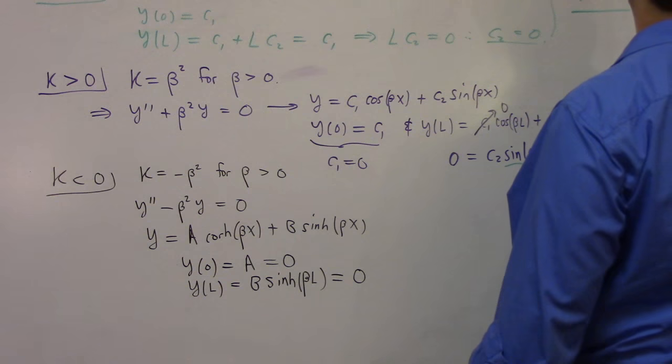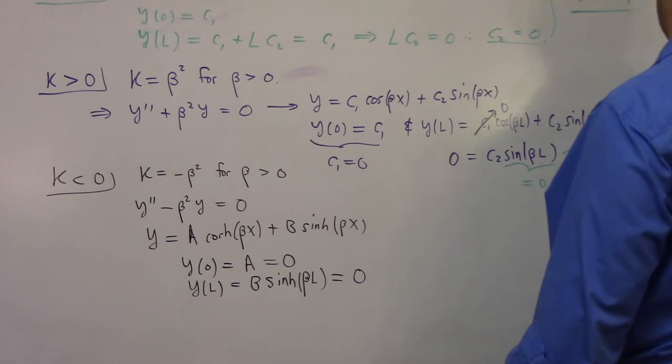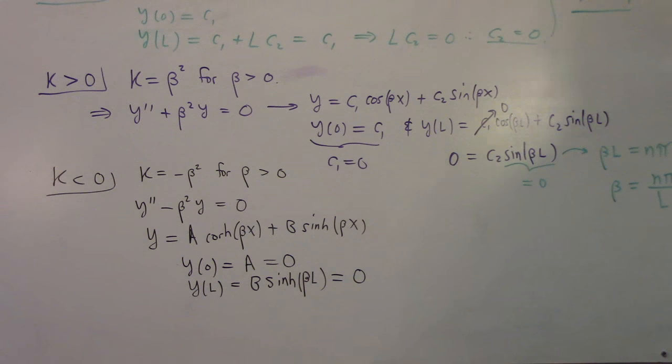Let's see here. Y equals, let's see here, what do we got? C1 was 0, C2 was whatever, right?